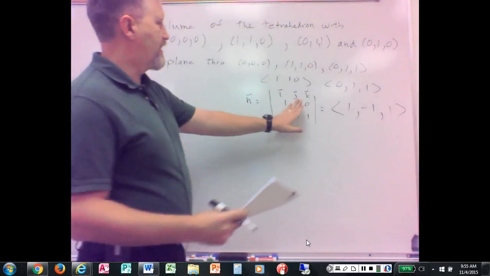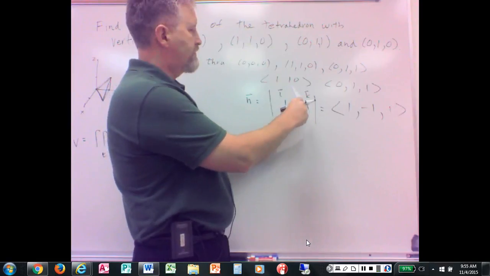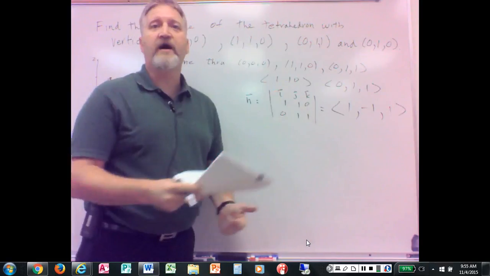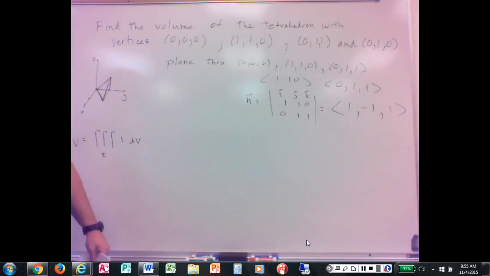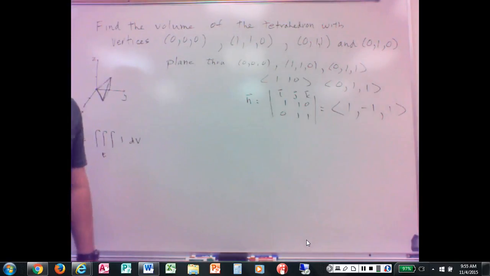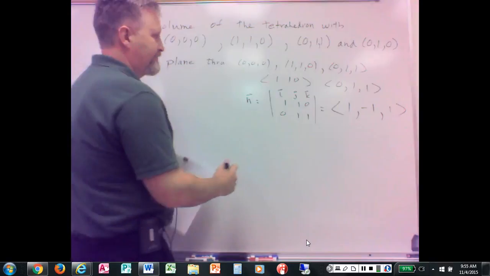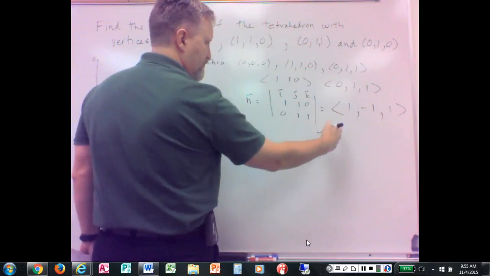Remember, you do the opposite of it. So you got 1 minus, and then you do the opposite of that. You have to alternate that sign. A review blast from the past here. Okay, and that's our normal vector.